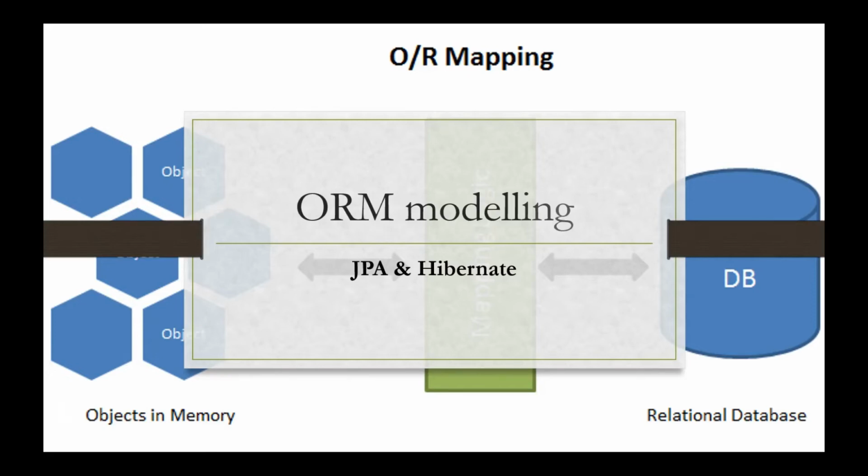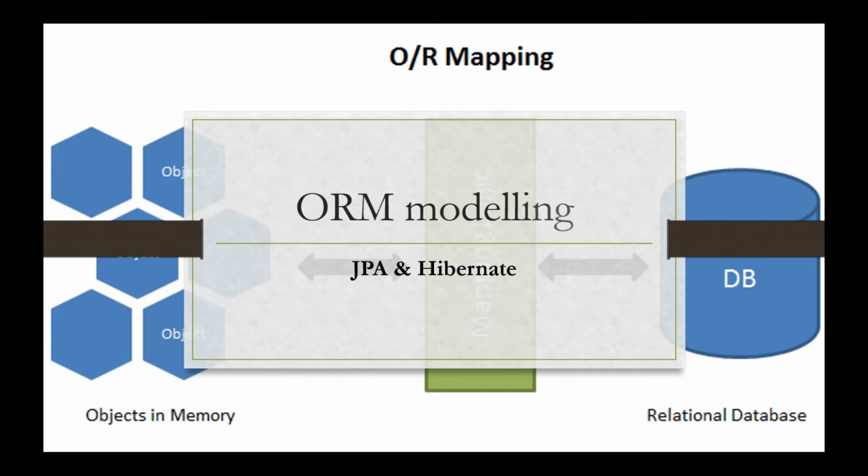In this video we'll see how we can implement ORM database programming. As you know, ORM stands for object relational mapping, and it's a method to convert, or you can say link, the objects in your programs to the tables in your database.